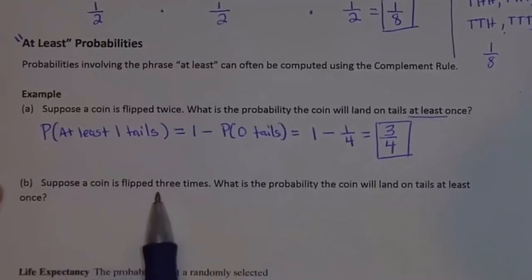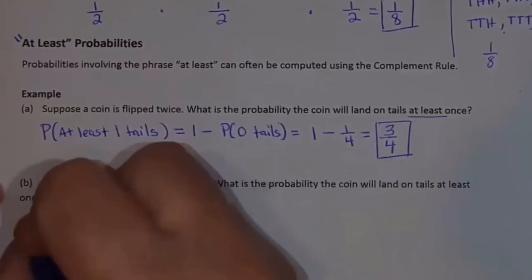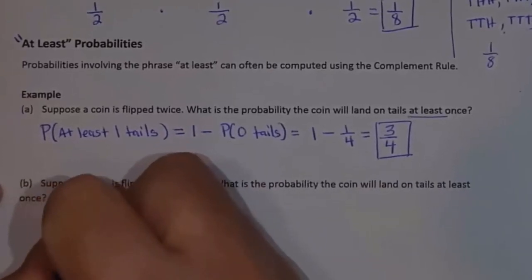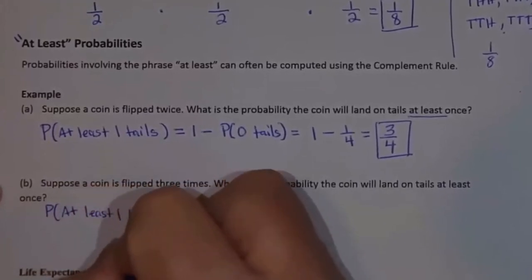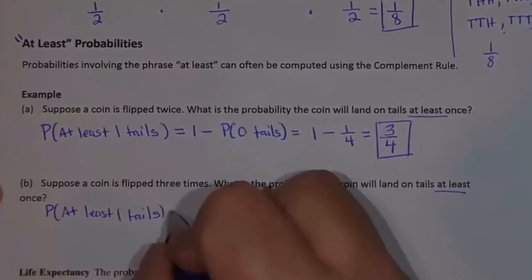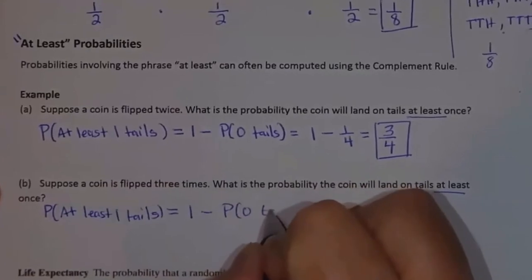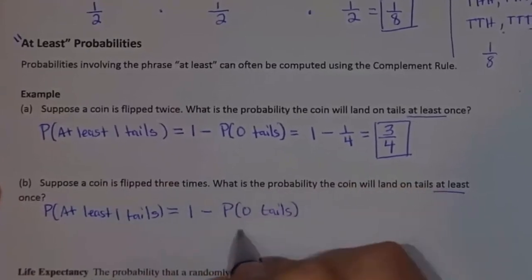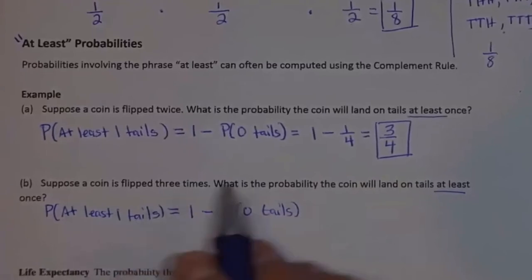Suppose the coin is flipped 3 times. What is the probability the coin will land on tails at least once? Well, it's basically the same problem. The probability of at least one tails in my 3 flips, again, it's an "at least" probability, would be 1 minus the probability of 0 tails, because 0 tails is the complement of at least one tails.